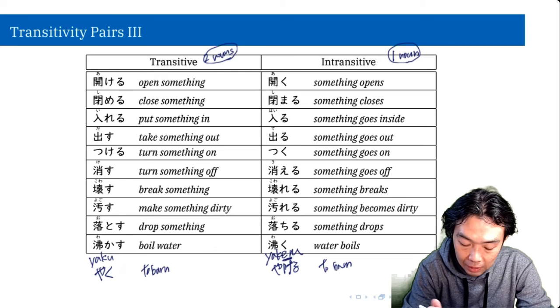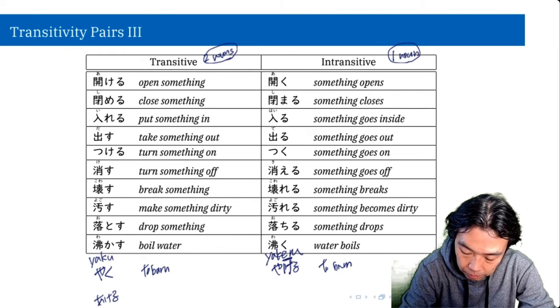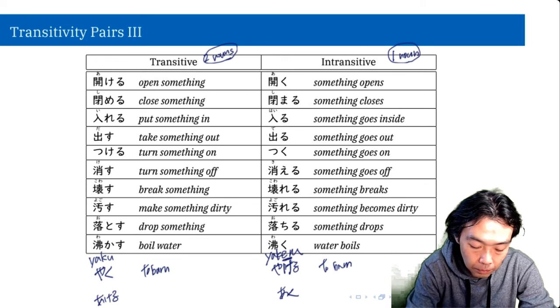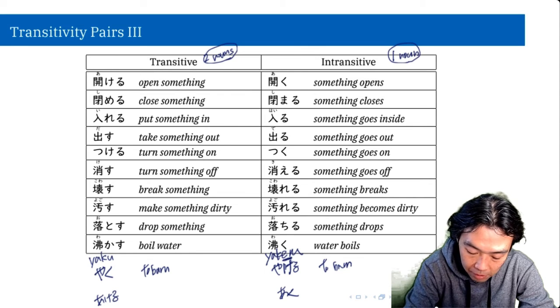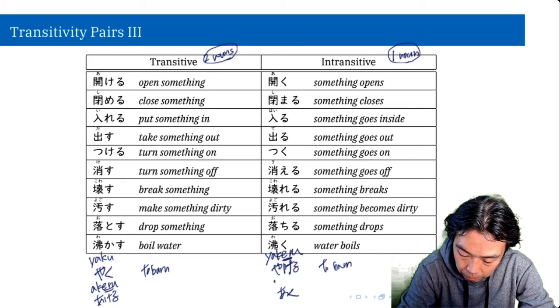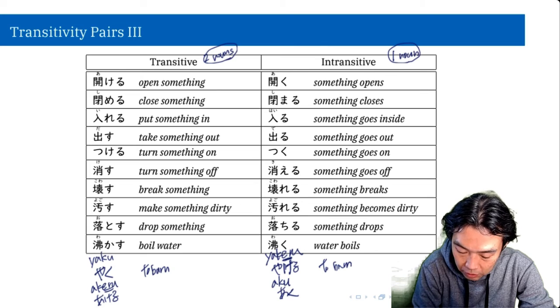But if you look at 開ける and 開く, which is the one you just saw here, let's write in alphabet. So the one you just saw, this E, now appears in the transitive one.